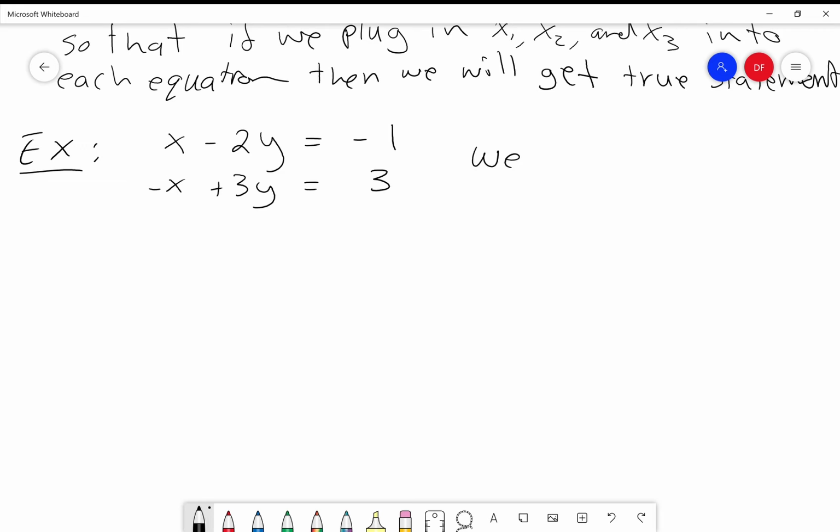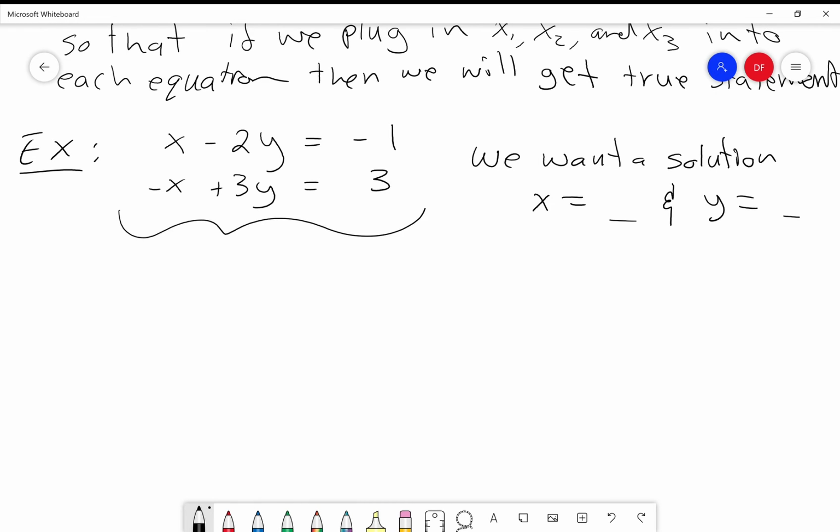And we want a solution, x equals something and y equals something, right? Okay, so you've probably seen an example like this in high school. And here's how we can do this problem and find a solution, an x and a y, so that if we plug in x and y into both equations, these two statements will be true.